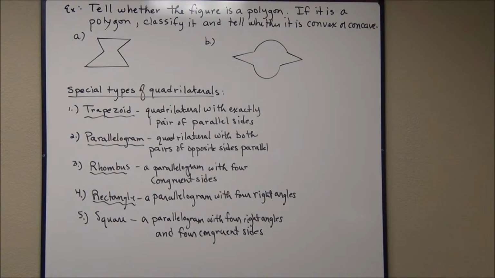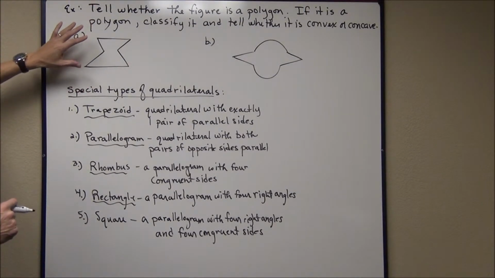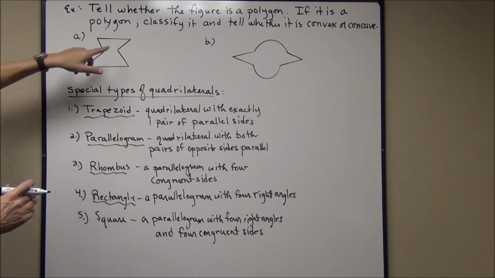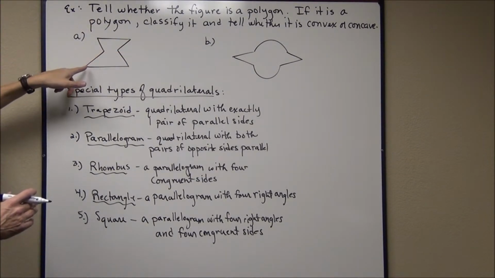Alright, now we're going to tell whether the figure given is indeed a polygon. And if it is a polygon, we're going to classify it by how many sides it has, and we're going to tell whether or not it's convex or concave. Well, the first example, notice it is a polygon. All line segments, no openings, no crossing of lines. They all intersect at their endpoints.